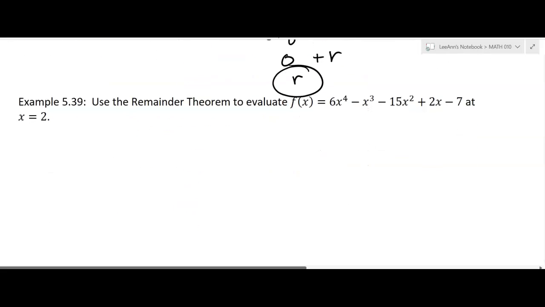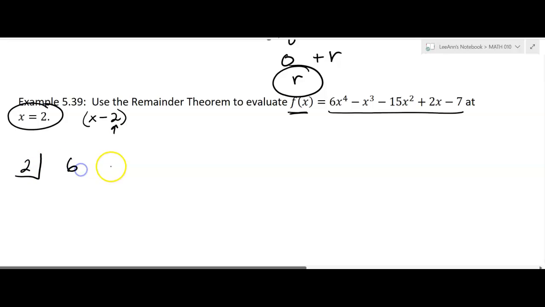Okay, so here comes our example. Use the remainder theorem to evaluate f of x, and here's the polynomial, it's kind of long, at x equals 2. So think about the factor x minus 2, and then use that to divide synthetically into your polynomial.